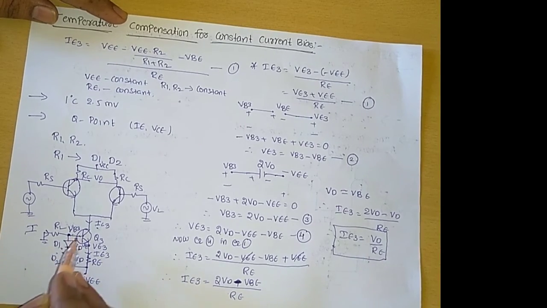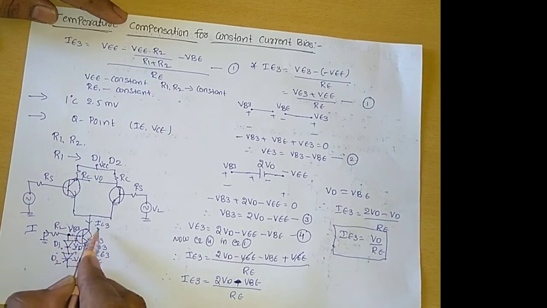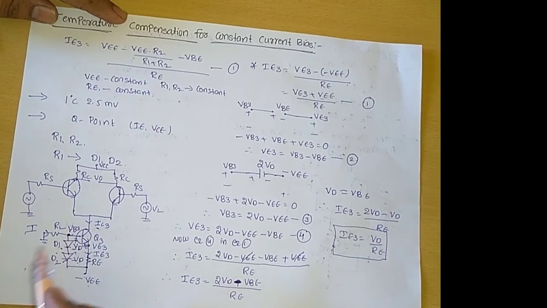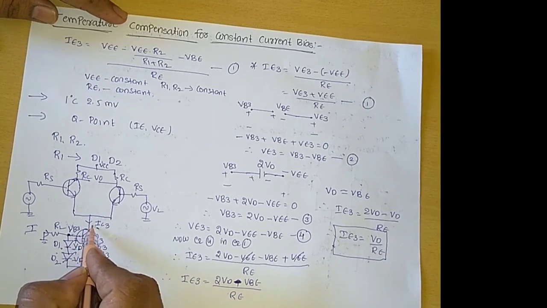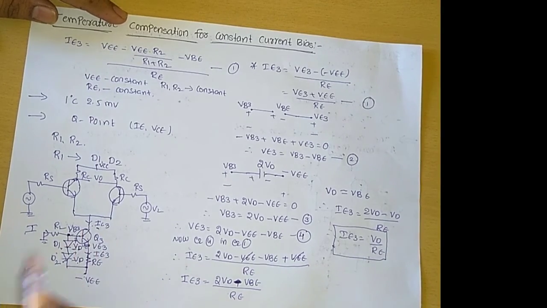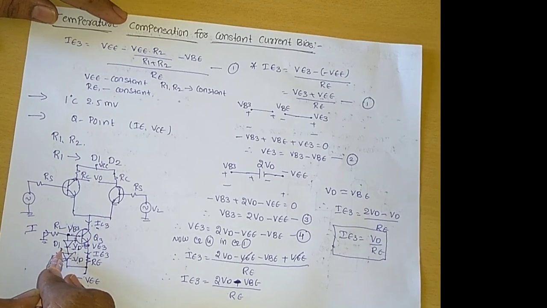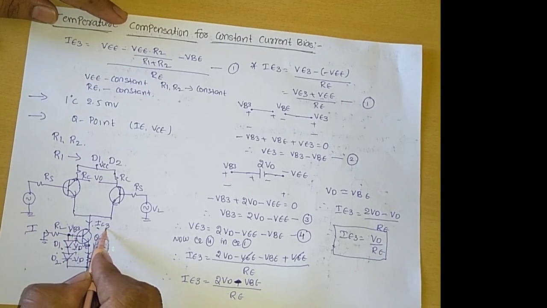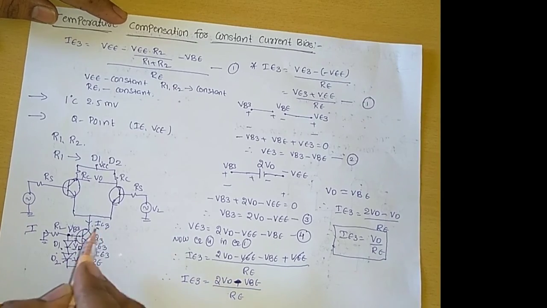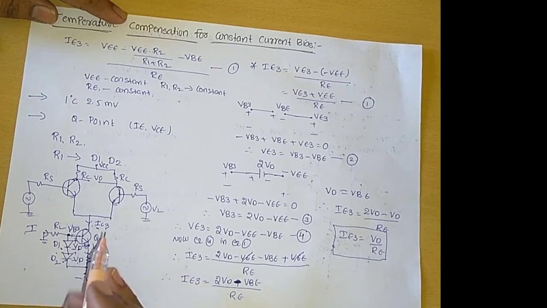The base current decreases, then this IC3 decreases. It means that with respect to temperature, whatever amount of current increases at this collector terminal, the same amount of this diode current also increases, then the same amount of current decreases, so the overall current also decreases. So in this way we are maintaining this emitter current I constant.